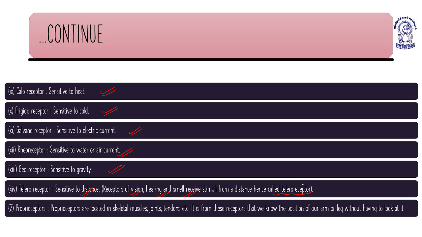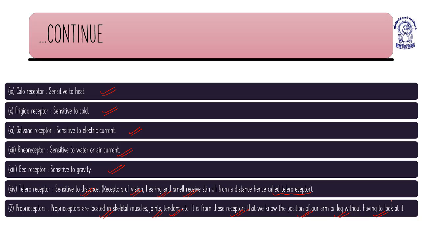They receive stimuli from a distance, and hence they are known as telereceptors. Proprioceptors are located in the skeletal muscles, joints and tendons. It is from these receptors that we know the position of our arm or leg without having to look at it.